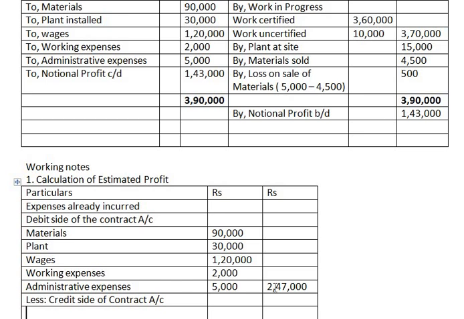Work in progress, only credit side. Cost price of material sold, inner column 5,000.